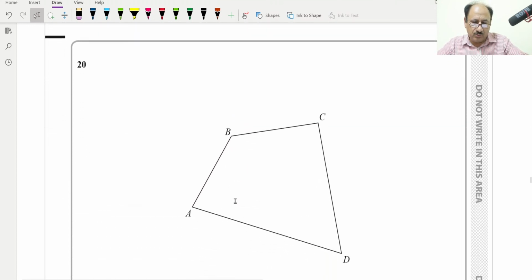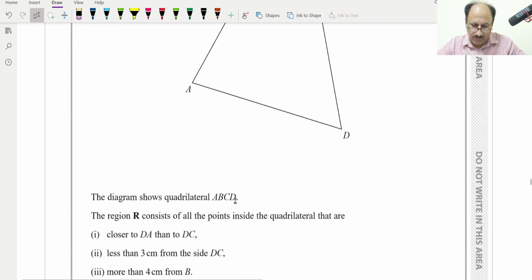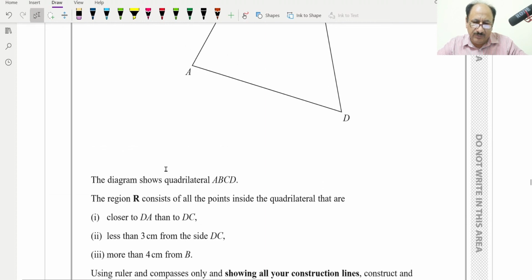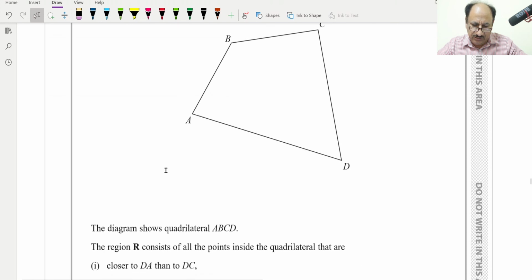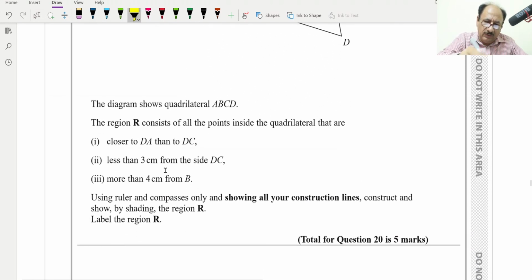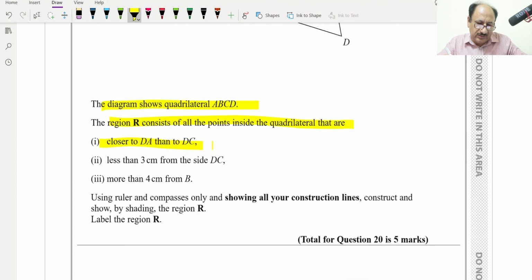Now question number 20. It's regarding construction, so I'll try my maximum to explain this on laptop. The diagram shows quadrilateral ABCD. The region R consists of all the points inside the quadrilateral that are obeying these instructions.